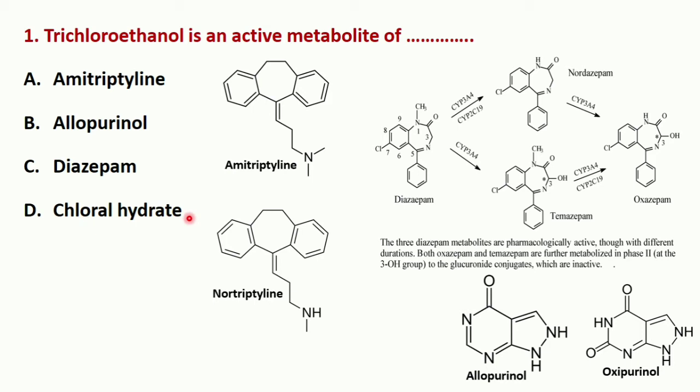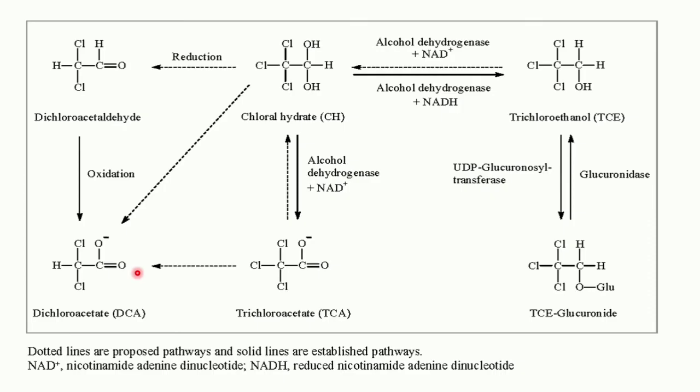This chloral hydrate produces trichloroethanol as an active metabolite. So this is the answer. I have given a clear picture here of the metabolism of chloral hydrate.